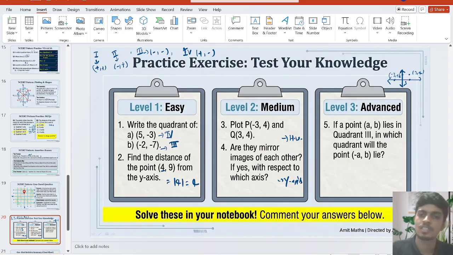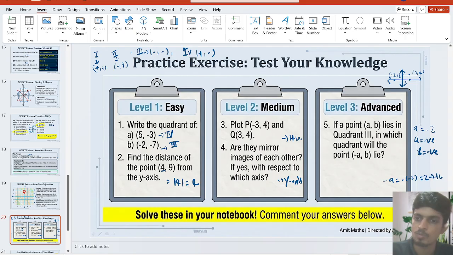We explain in the next slide. If the point (a, b) lies in the third quadrant, it means both are negative. So a should be negative and b should also be negative. Okay. In which quadrant will the point (-a, b) be? If a is negative, suppose a equals -2, then -a is minus of minus 2, which is 2.